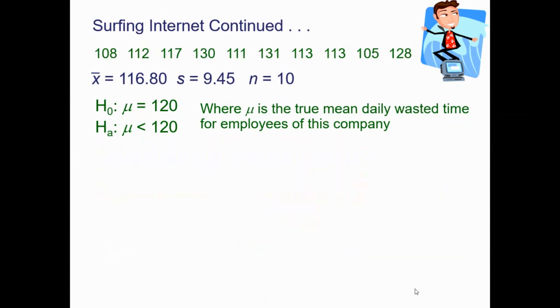Okay, so let's actually run our test now. Let's calculate t. We said x bar was 116.8 minus 120 over 9.449 over the square root of 10.